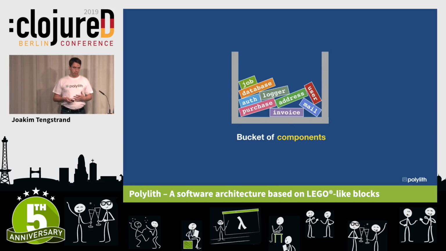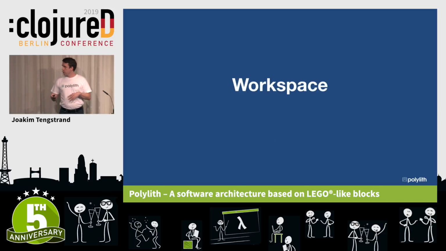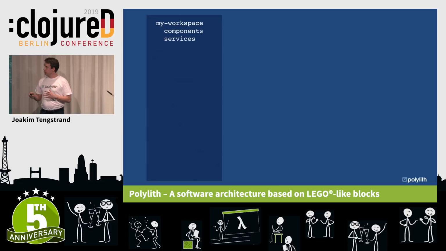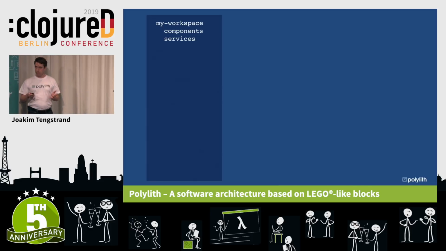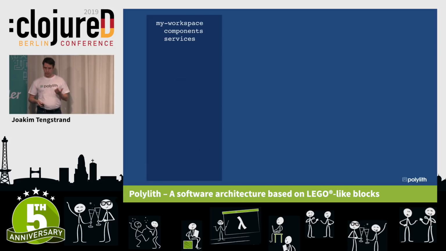To explain them in a context, let's explain what a workspace is in the Polylith world. A workspace is where we put our components, where this bucket of bricks lives. A workspace is just an ordinary directory, no magic, and it's a single repo. If you use Git, it's a single Git repo.